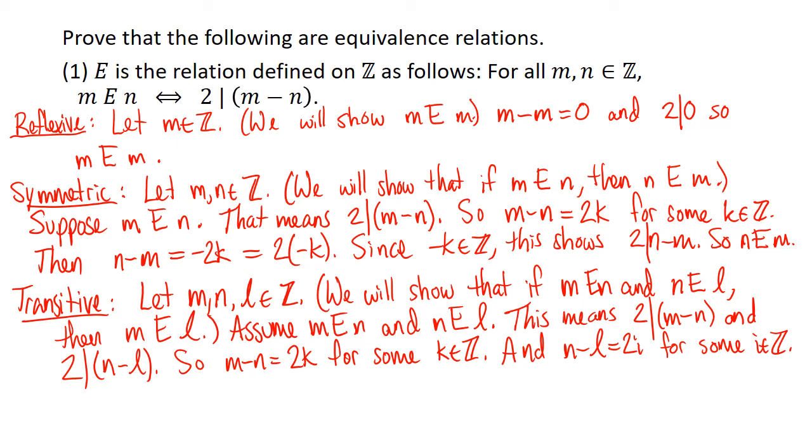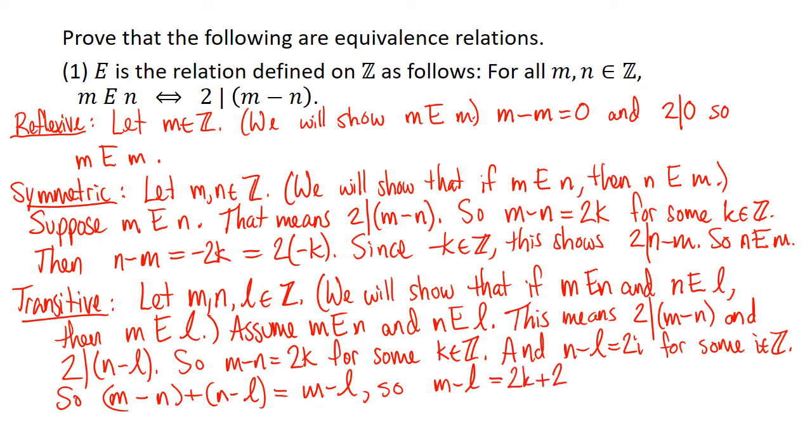So I think I can actually just add those two equations together and get M minus L. So M minus N plus N minus L equals M minus L. So M minus L is going to equal 2K plus 2I, right? That's what I get from adding those two together.